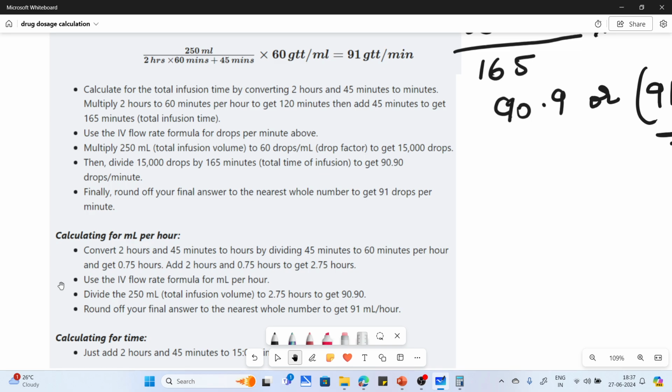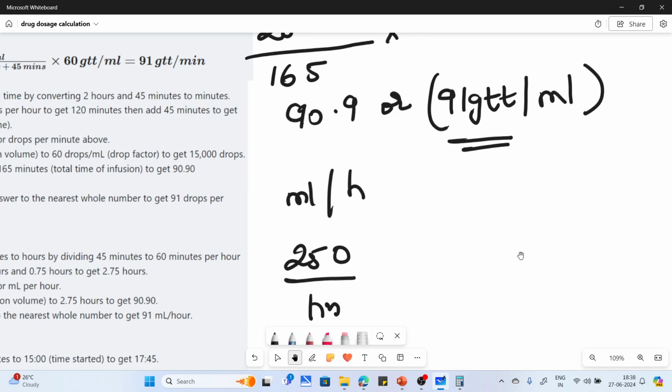And they have also asked how many ml you will give in 1 hour. So how are we going to calculate? 250 ml by hours we have to write. Hours is how much? 2 hours 45 minutes. We can't write 45 here, so better to convert, dividing 45 by 60, you will get 0.75, right.